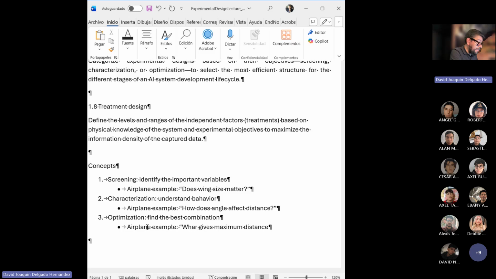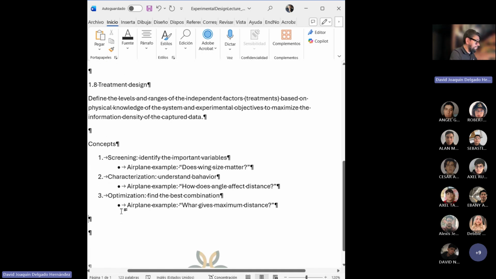Okay, if I am able to identify what is the correct combination of variables in order for me to reach the longest distance, then I am optimizing this system.